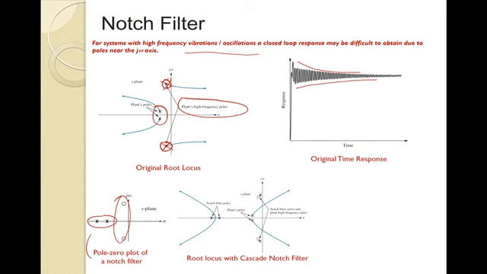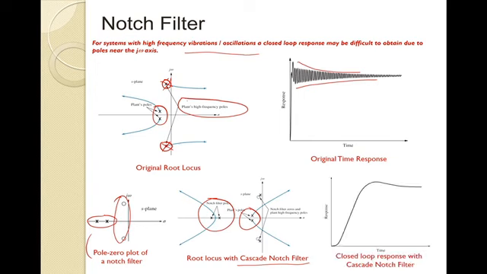So that's what you can see here: your notch poles over here, your plant poles over here, and then here is what our root locus is, and we can then vary our gain, etc. So this will be the root locus with the cascaded notch filter. Again, I'm not showing you the transfer function or any of this, but just more of a concept. And what you'll see here is you can get a response without this high frequency oscillation. So there is an approach here that you could take.